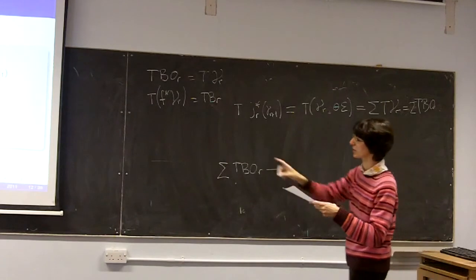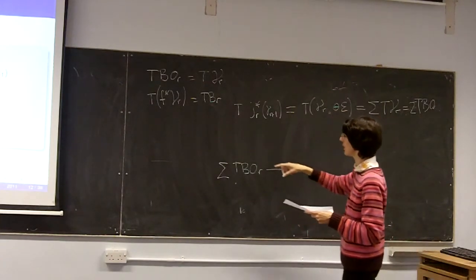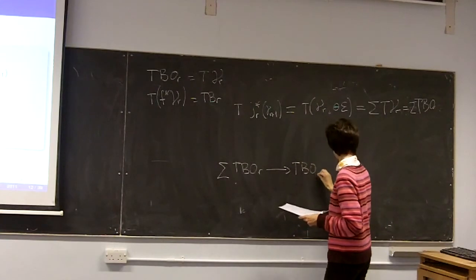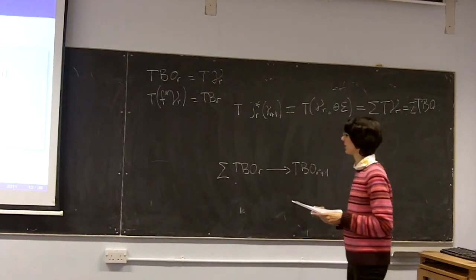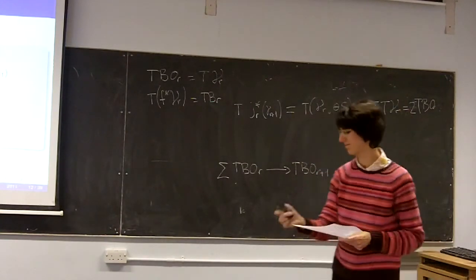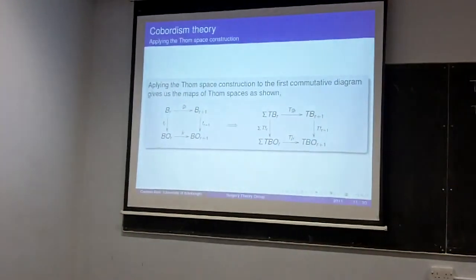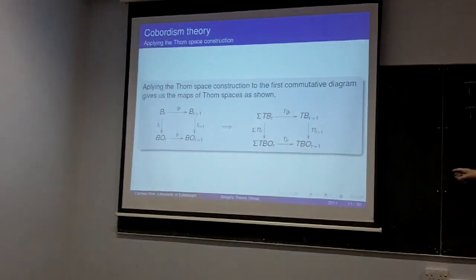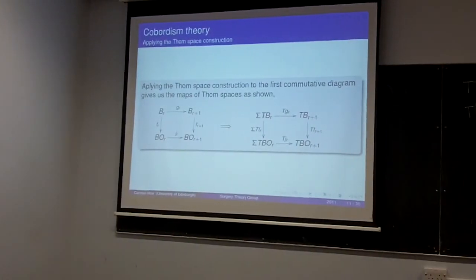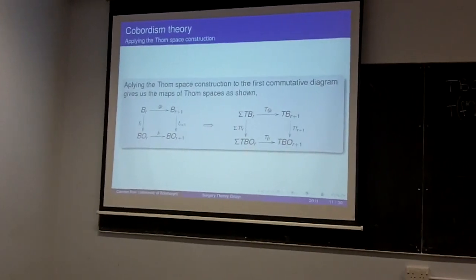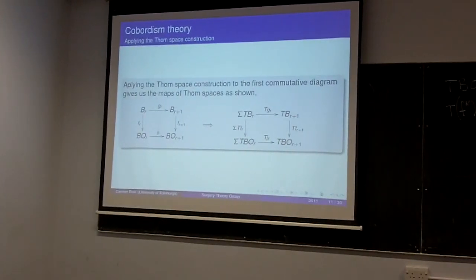And the Thom space of the gamma R plus 1 should be this. Just checking, it coincides with the bottom line over here. And of course the map is also written as T alpha.